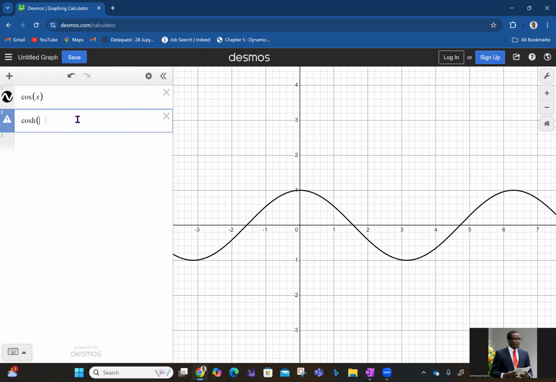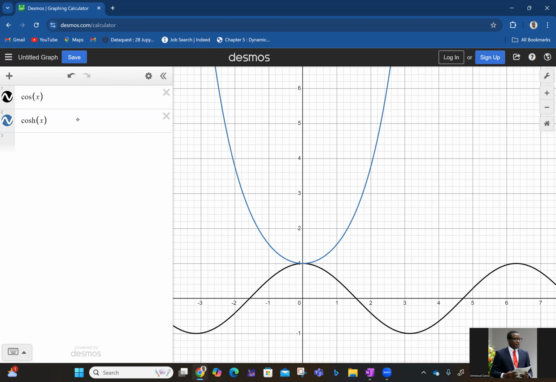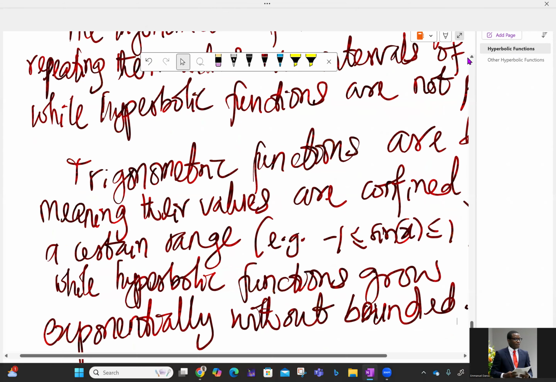It's like a bowl. The minimum value of cosh x is 1, and then it increases exponentially on both sides. So that's a very nice comparison between trigonometric and hyperbolic functions.